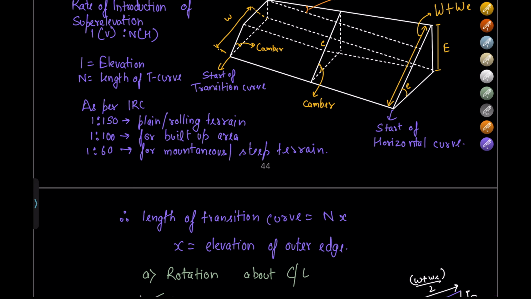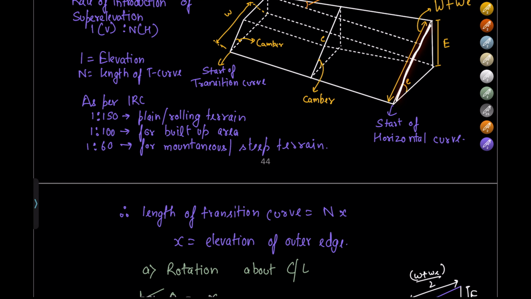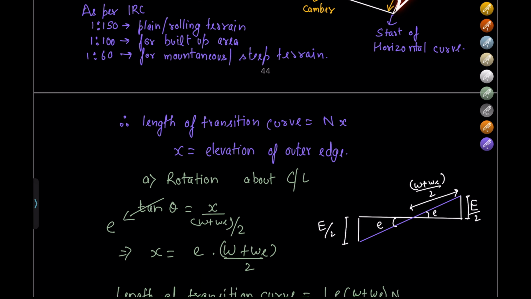If we take this cross section and have a look at it, we'll find that tan theta is representing x upon W plus We by 2. Tan theta we have taken equal to small e, that is the angle of super elevation. We have explained that e is equal to tan theta if theta is very small.